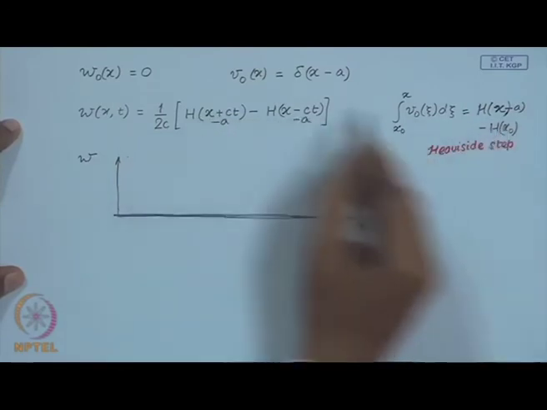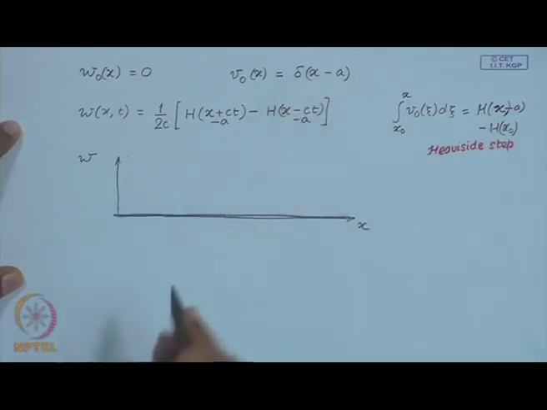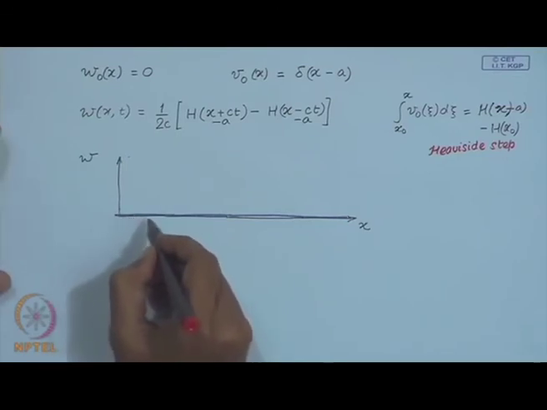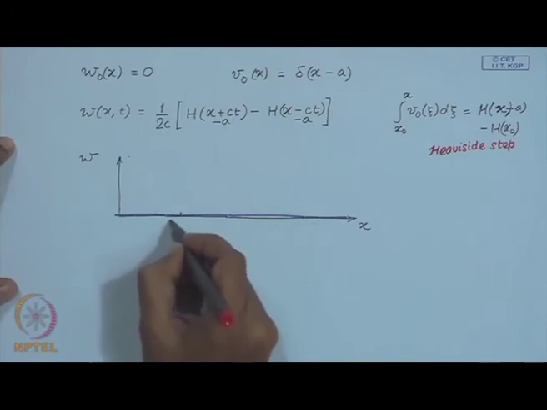There is a minus a because I have given the impulse at x equal to a. So, this can be represented. So, let us say this is x equal to a.